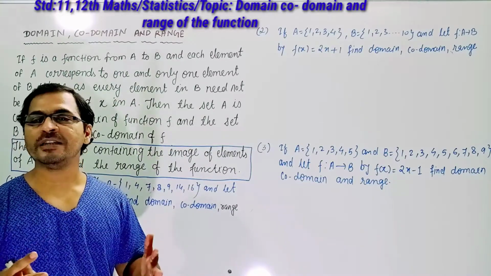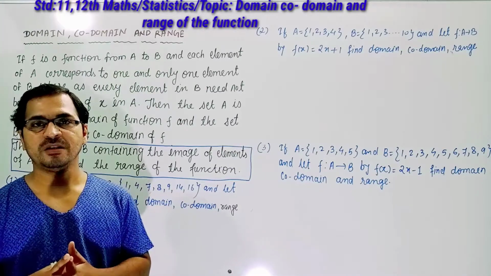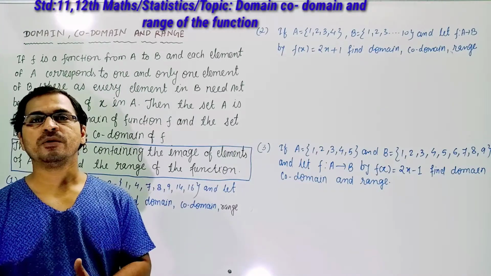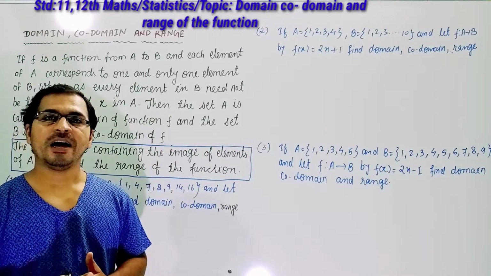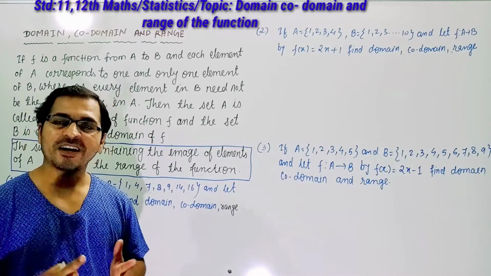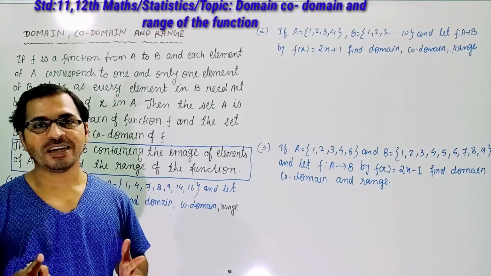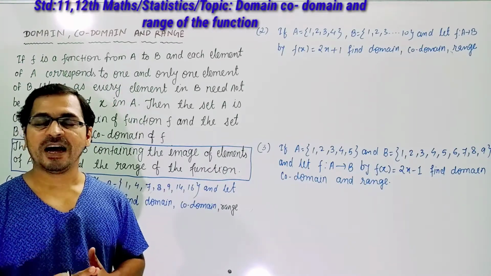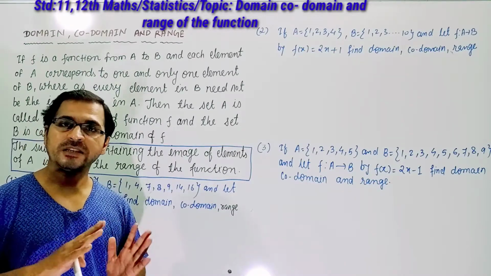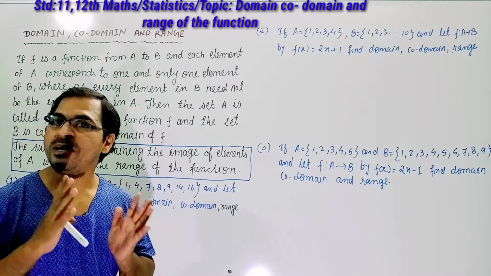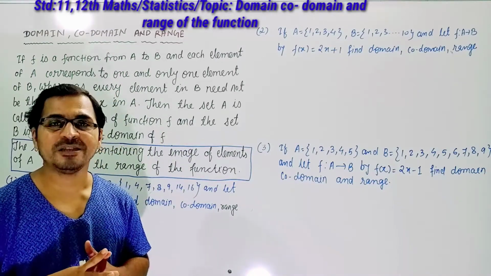Students, in a very easy way you can say that domain is the component of set A, and codomain is the component, the elements, of set B. And range is the image of the elements of A in the codomain.